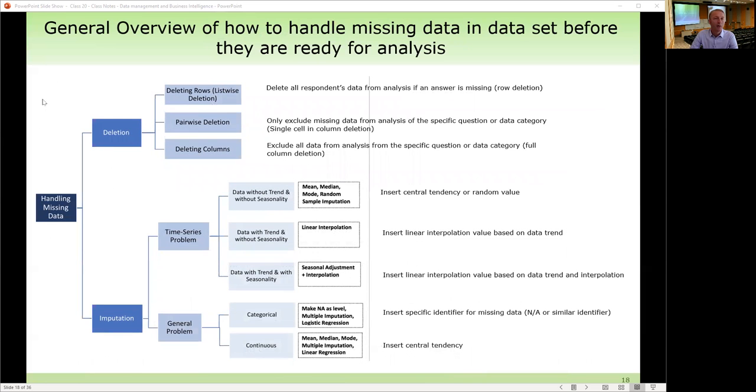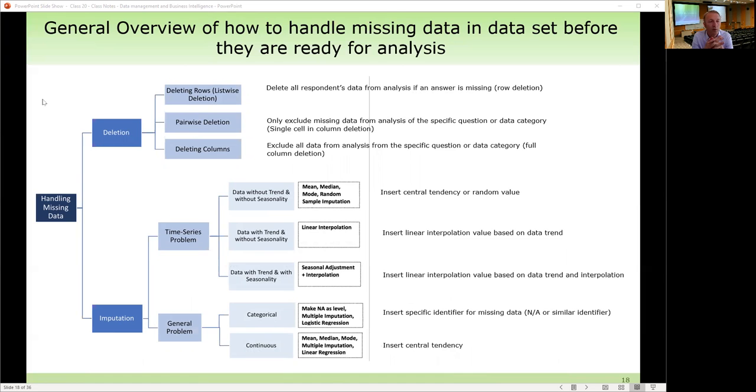How do we normally do that? Well, when we talk about missing data, so data that should be there but we do not have, we have the option of either deleting part of the data or imputing, also putting something in instead of the missing data. The decisions we make depend on the situation, the types of data and the use we have.